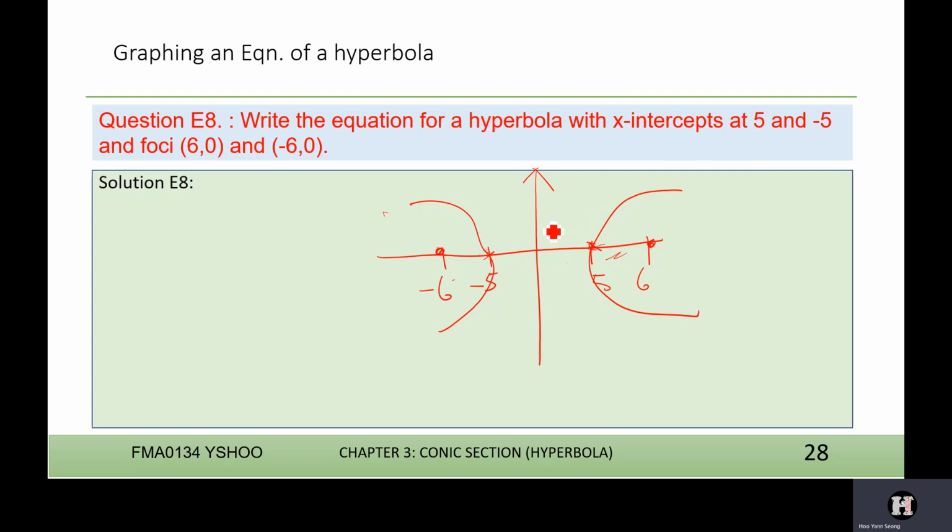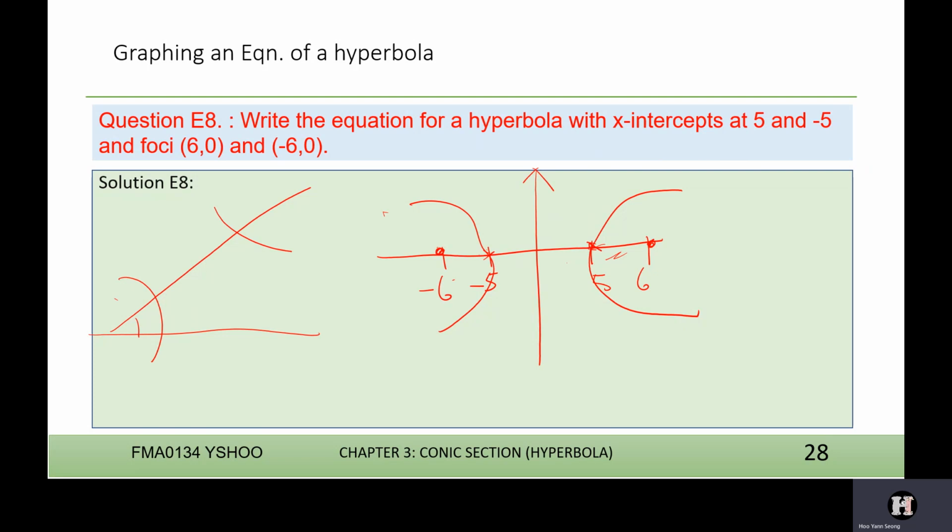So from there you already know that 5, 0 and -5, 0 are your vertices. Why can you confirm that? Because we only have a horizontal or vertical hyperbola. We don't have a hyperbola which has a 45-degree angle with your axis. We don't study that. We only study either horizontal or vertical.